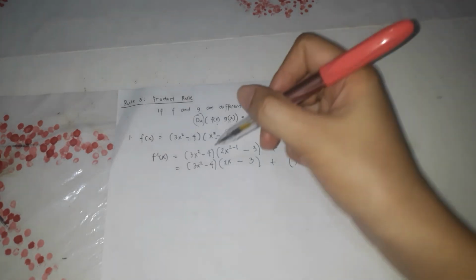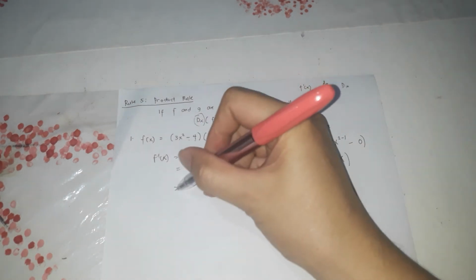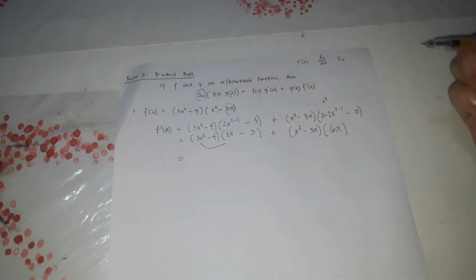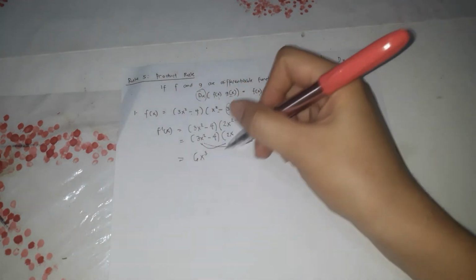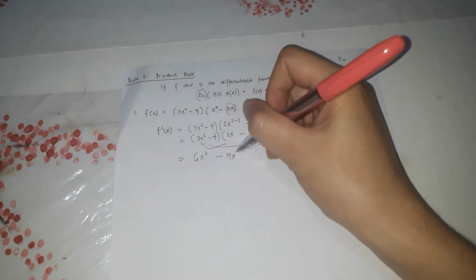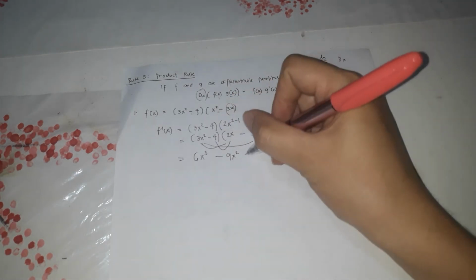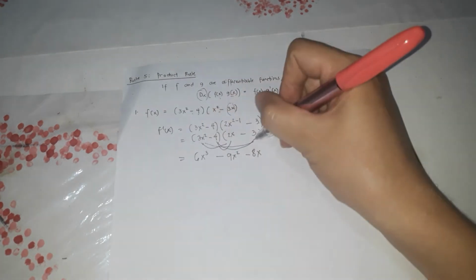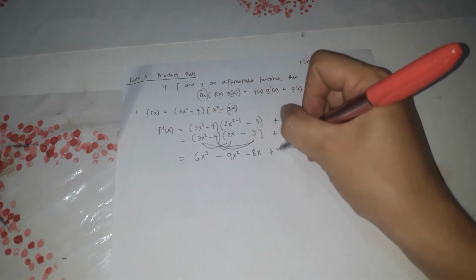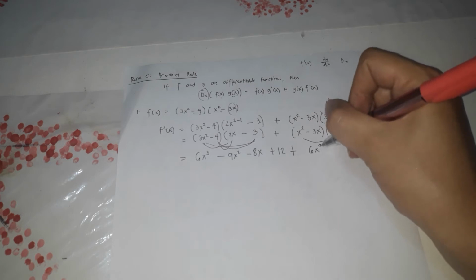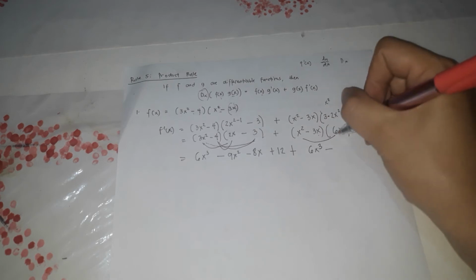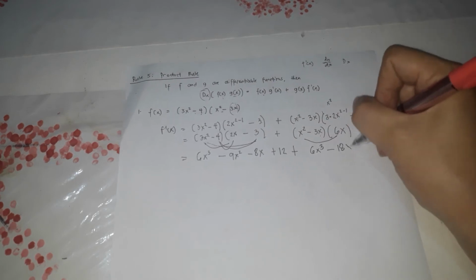Next, distribute. 3x squared times 2x is 6x cubed. Next, 3x squared times negative 9x squared; then negative 4 times negative 3x, negative times negative is positive 12; plus 6x cubed minus 18x squared.